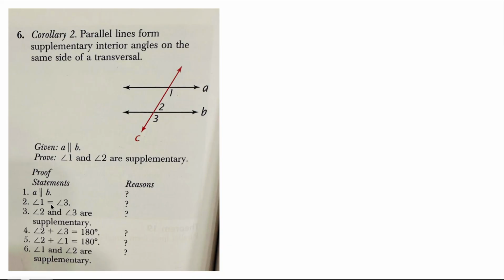Angle 1 is equal to angle 3. What do you notice about this angle 1 and this angle 3? Are they in the same position? What is that called? Corresponding angles are equal. Number 3, angle 2 and angle 3 are supplementary. What do they have in common?